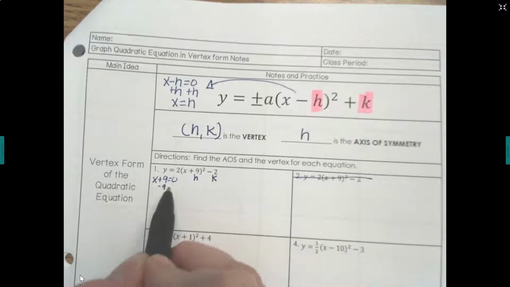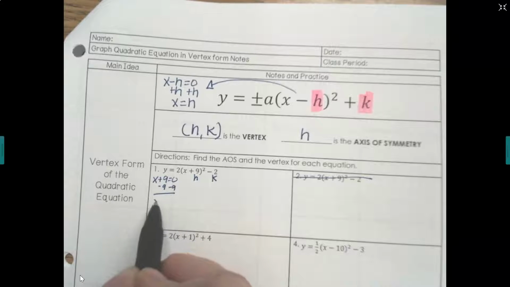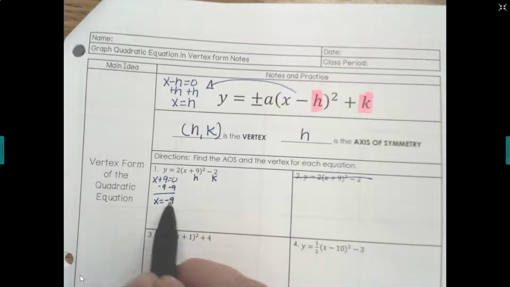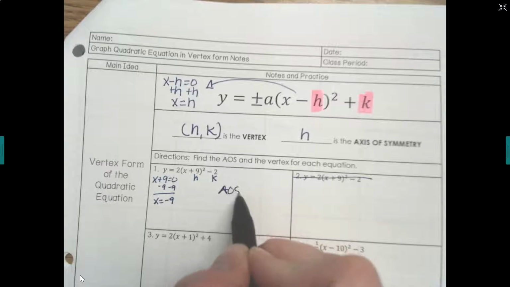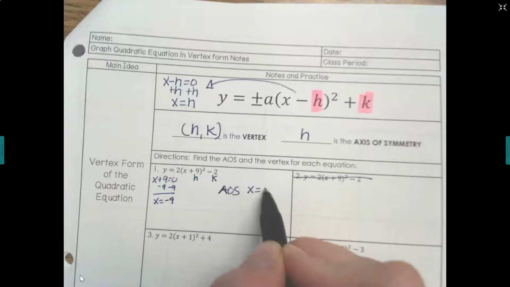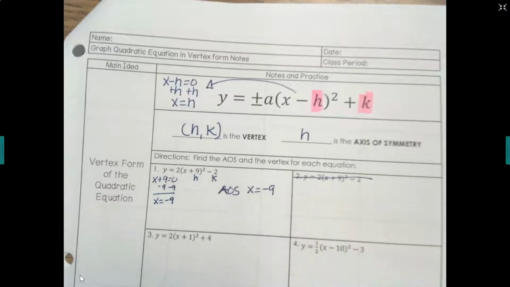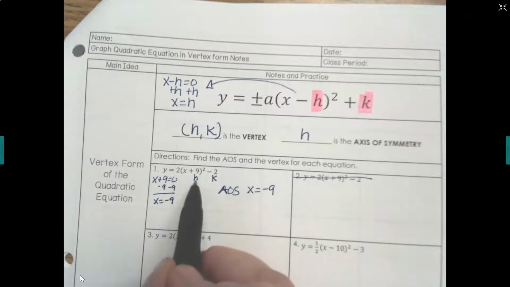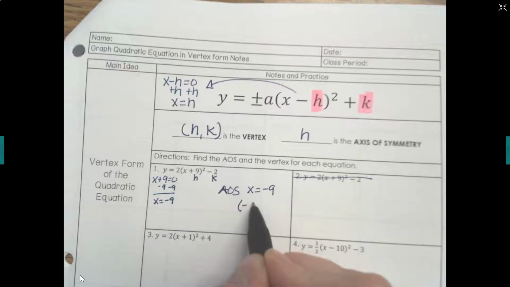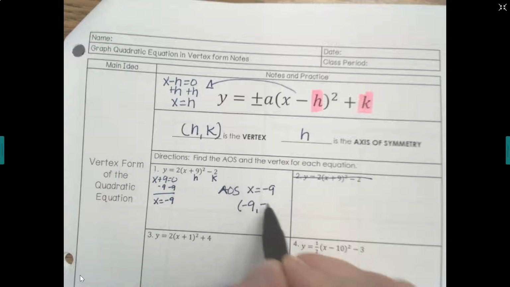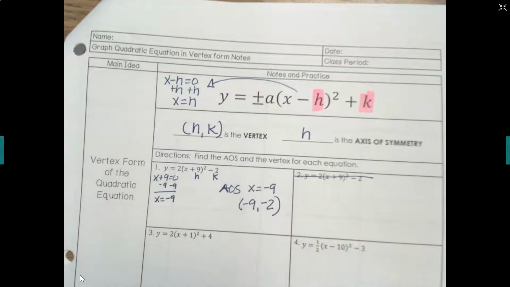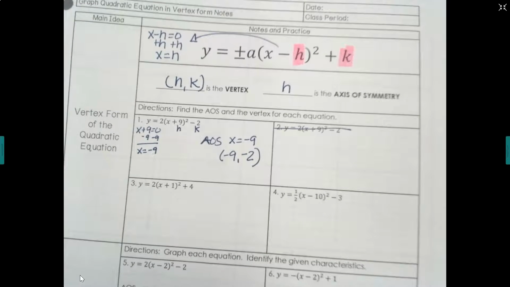So you subtract, so x equals negative 9. So your axis of symmetry is x equals negative 9. And then your vertex has that negative 9, and the k value is negative 2, so the y value is negative 2.